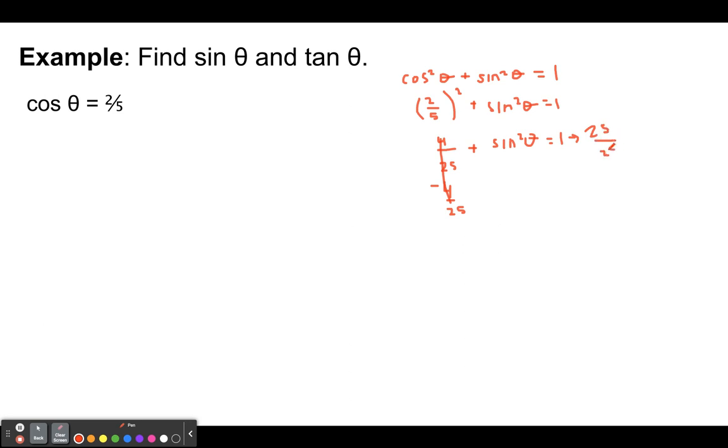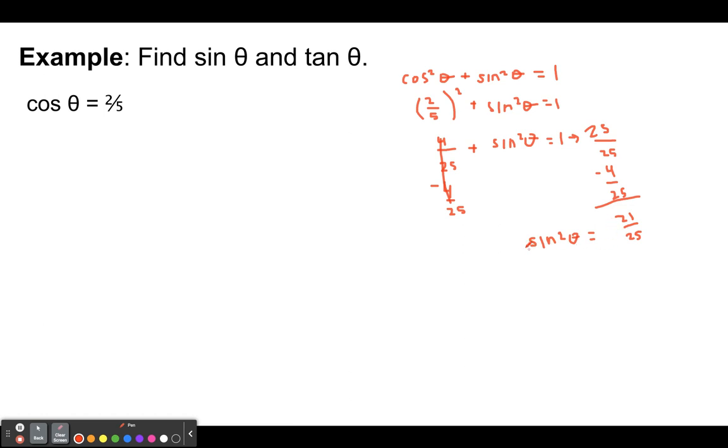And then subtract 4 over 25, which leaves us with 21 over 25. So sine squared theta is equal to 21 over 25.